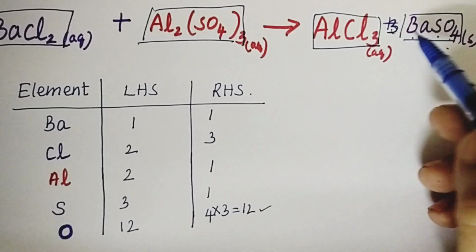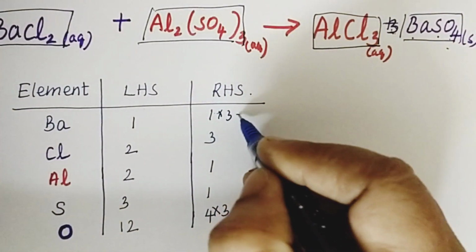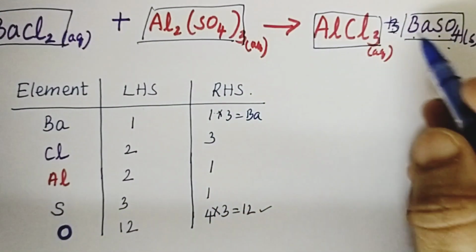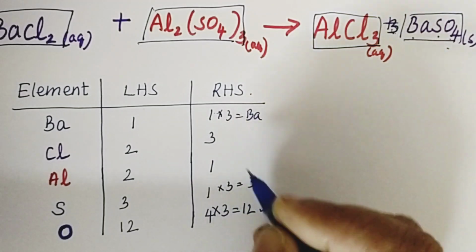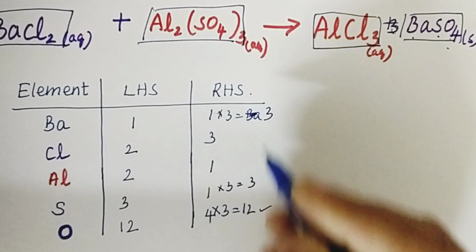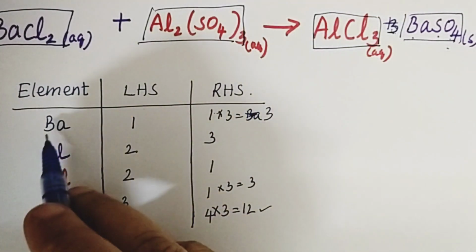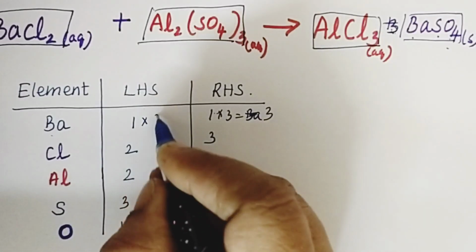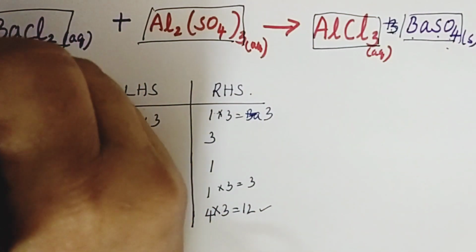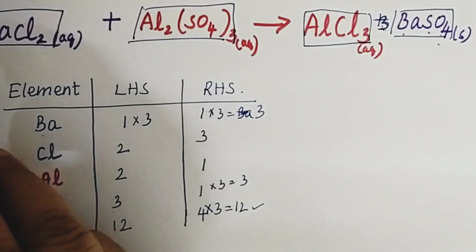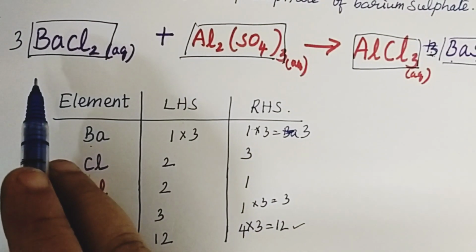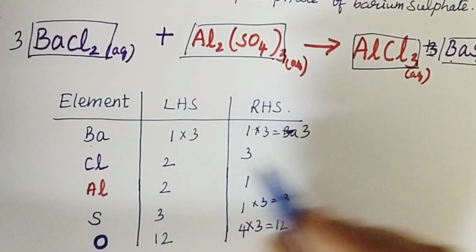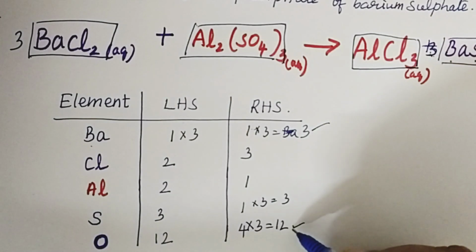So now barium becomes 3 and sulfur also becomes 3. So 3 barium and 3 sulfur. But here only 1 is there. So in order to make it 3, we will multiply by 3 here. So it has become 3BaCl2. Okay, barium is balanced, oxygen is balanced.